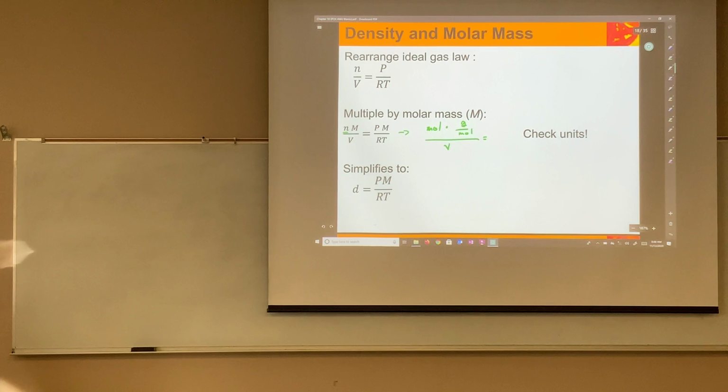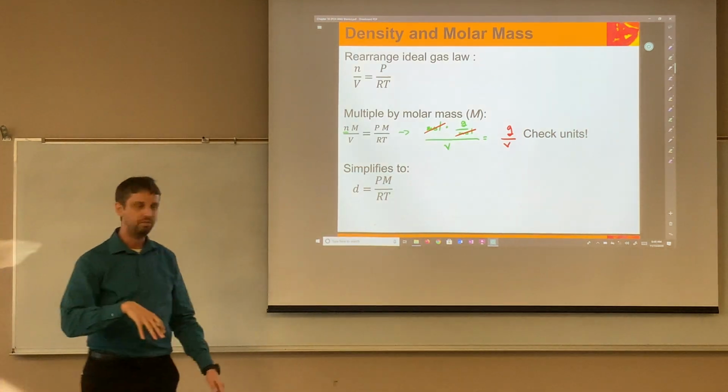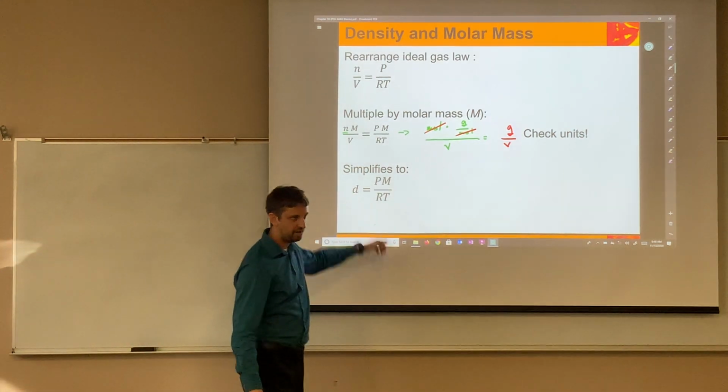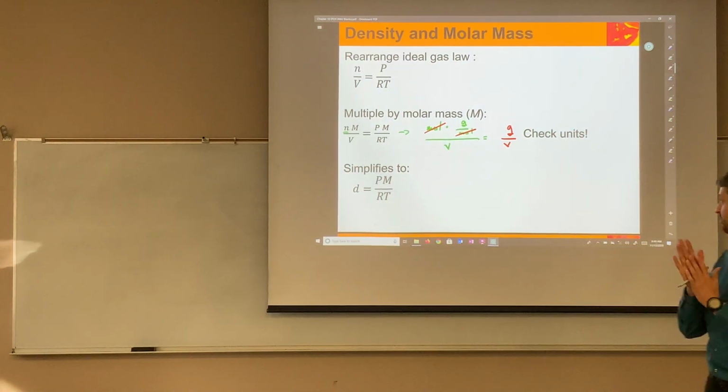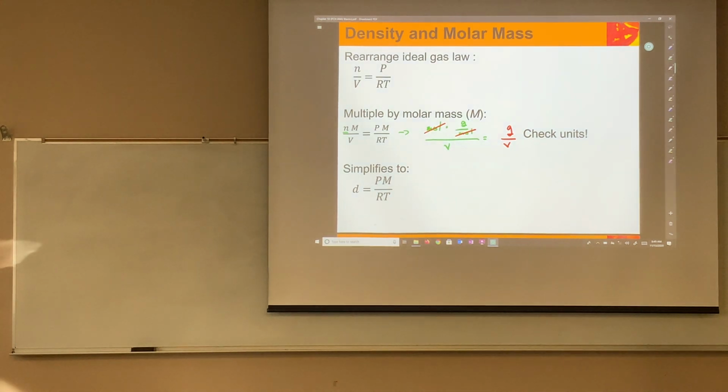Moles cancel with moles, so we're left with grams over volume. Mass over volume is equal to density. Got it? That's all we're doing here.